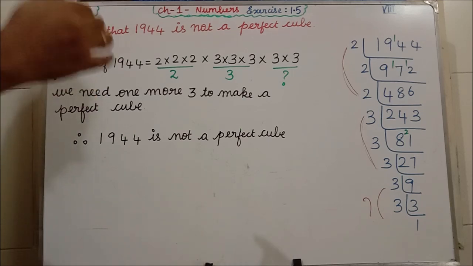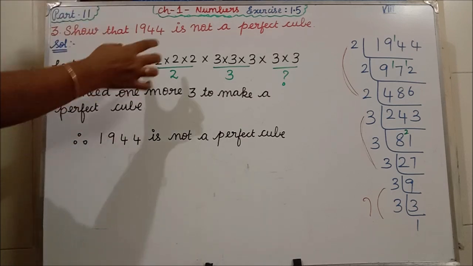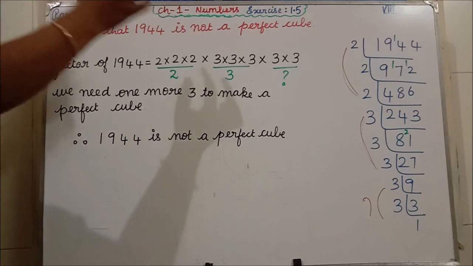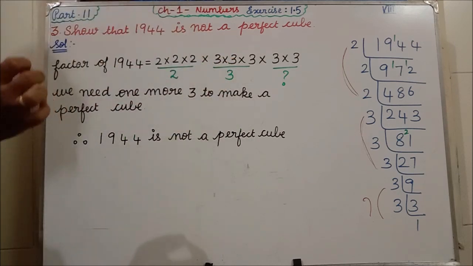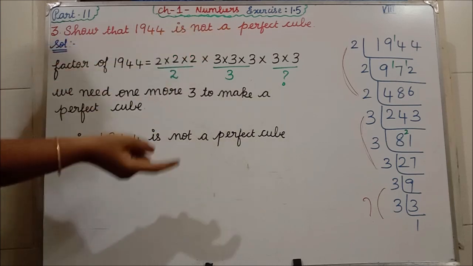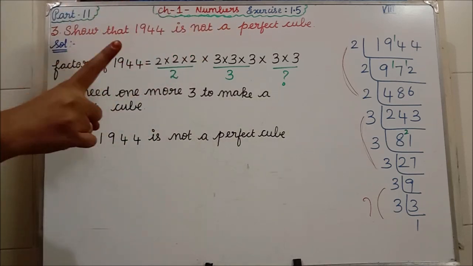Similarly, cube root means 3 2s, from that you have to take 1 2. 3 3s, from that you have to take 1 3. But for that, do you have 3 3s? We are not having. One 3 is missing.